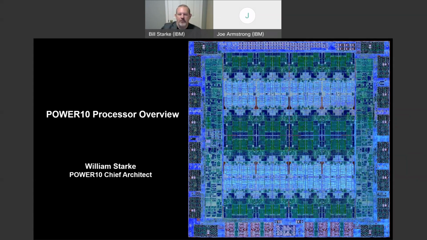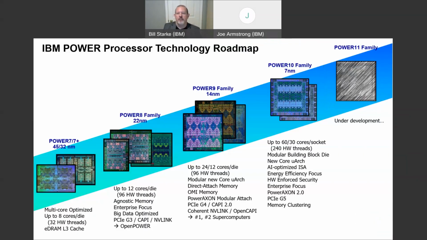So this is actually a photo on this title screen. This is that chip that was so small, enlarged up to this size, and I'll go into those details. First of all, I want to remind everybody, looking at the roadmap over about the last 10 years, we've been doing the Power 7 and Power 7 Plus, then the Power 8 family, the Power 9 family, and with Power 10, it is a family in terms of our PowerVM based large core offering, and we actually developed a small core offering, but it's fundamentally one chip.